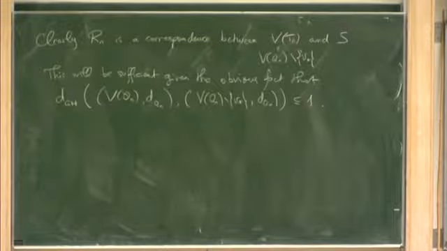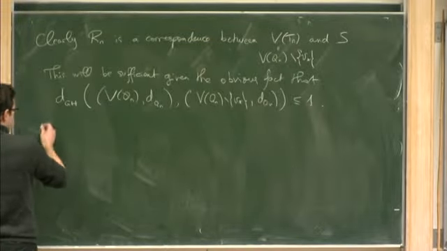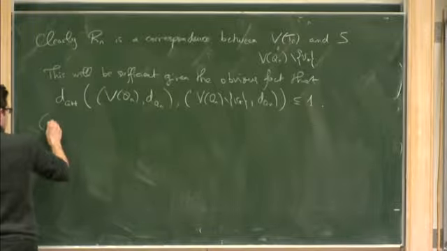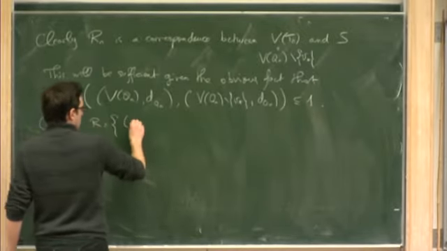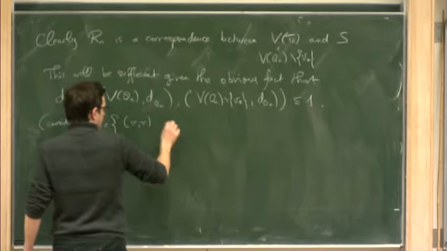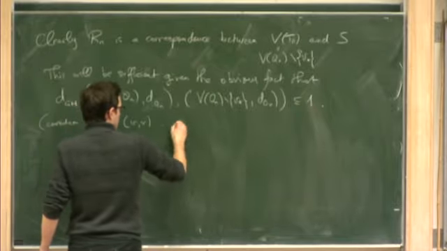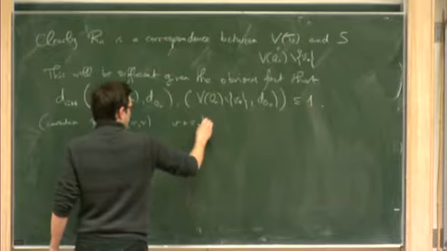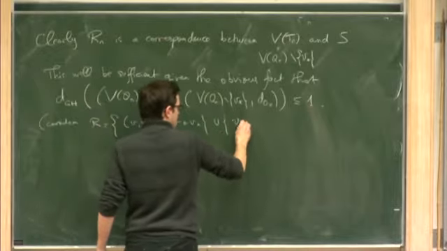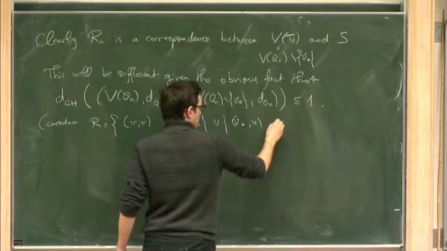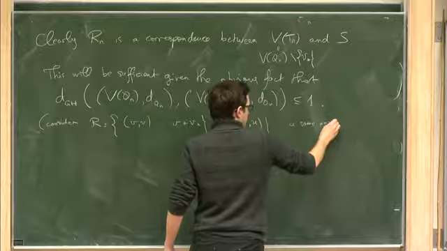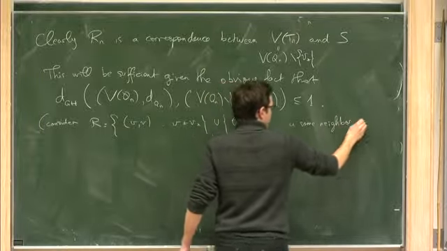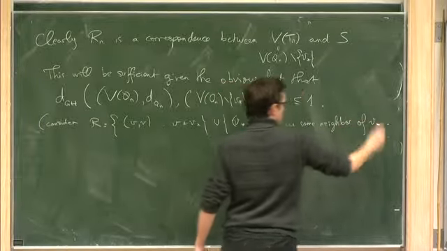So that's really an easy exercise. So consider R to be the set of (v,v) for v different from v star, union (v star, u), where u is some neighbor of v star.